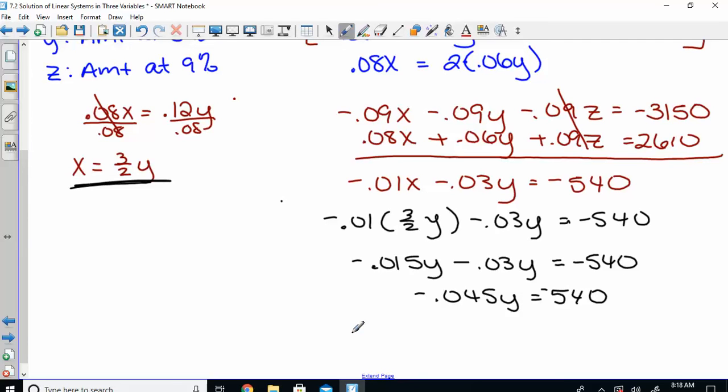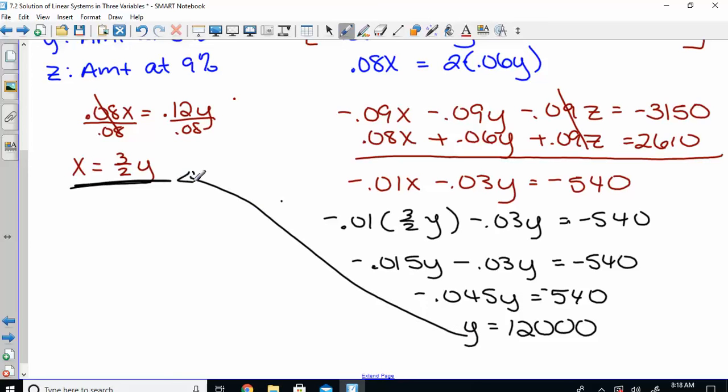Divide by your 0.045. And our y is $12,000. So we can plug that in to get our x. X is 3/2 times our y, which was 12,000. So that gives us 18,000.